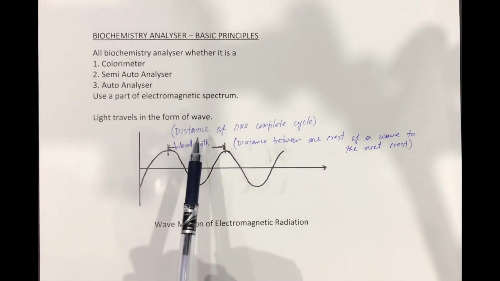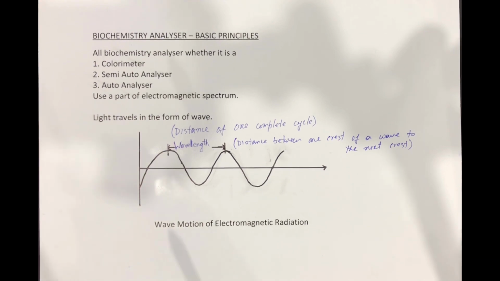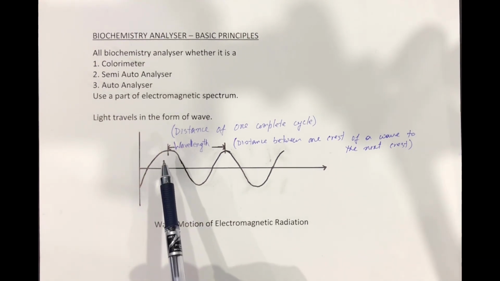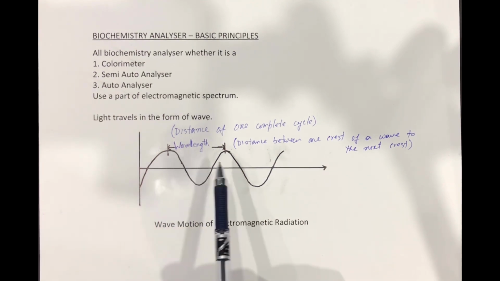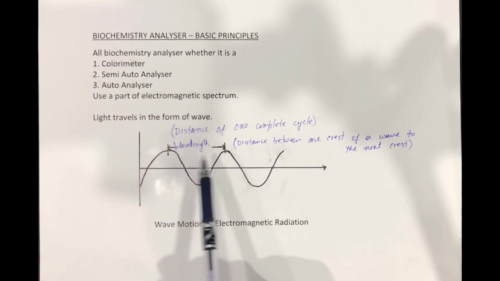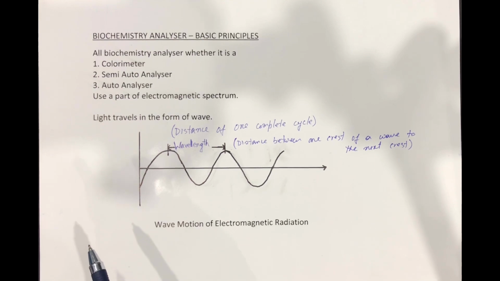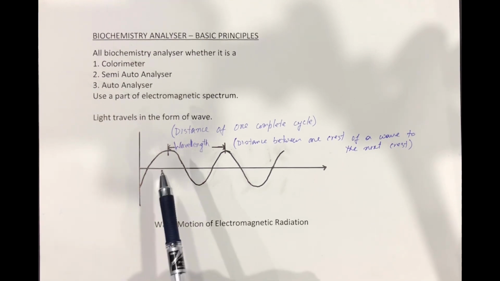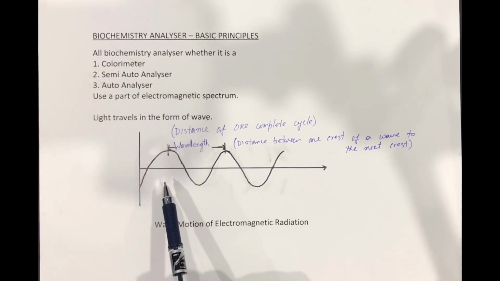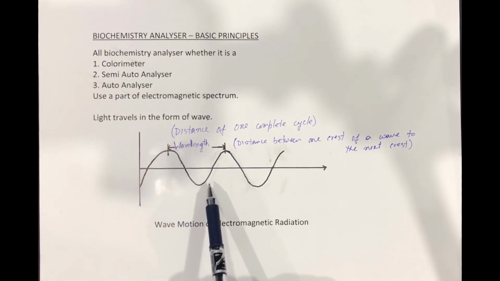Light travels in the form of waves. Distance between one peak of the wave to the next peak is known as wavelength. In short, wavelength is the distance of one complete cycle.